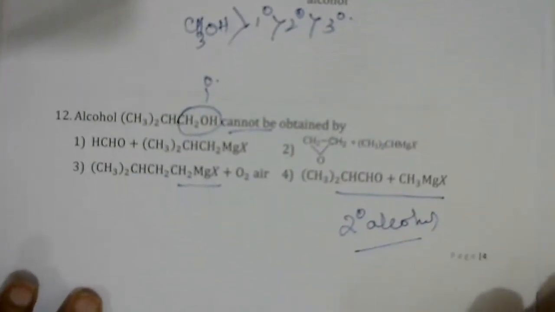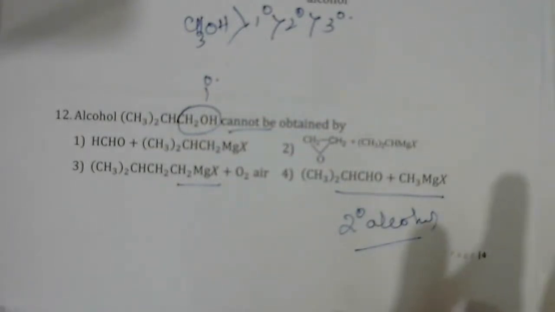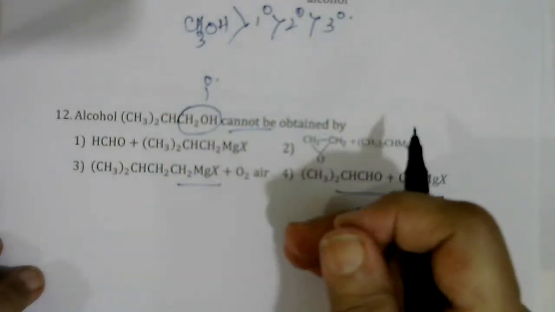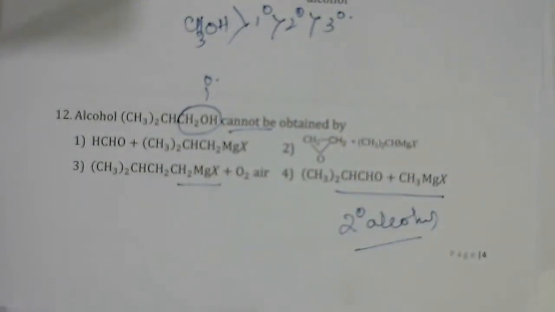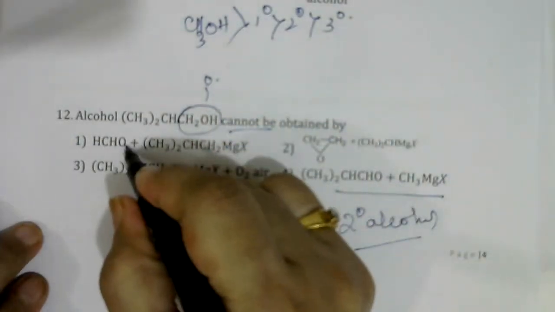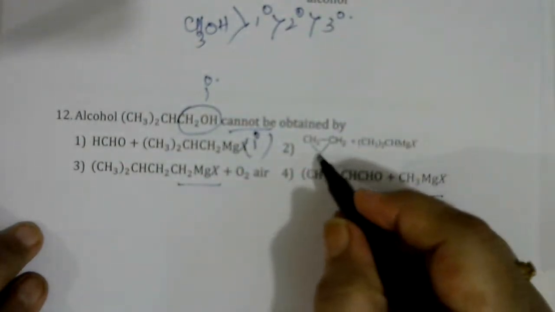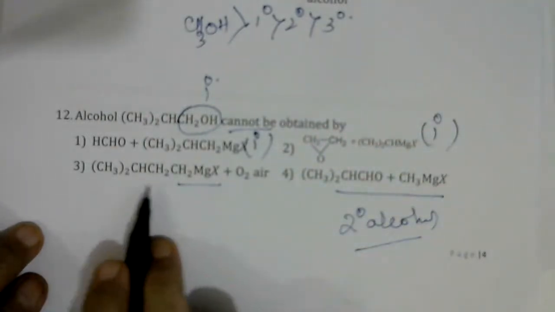Remember one thing, children, only by writing the long reaction, don't think that we are going to get the correct answer, and we cannot manage time also. That's why what I suggest to you is to go based upon the clues only, just to answer the question. Because, as we said, formaldehyde with Grignard reagent gives primary alcohol. Same way, epoxide with Grignard reagent also gives primary alcohol.